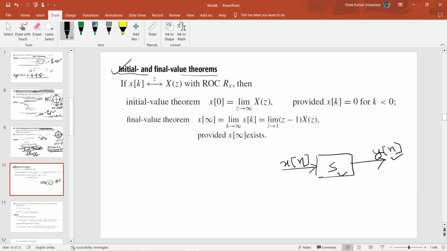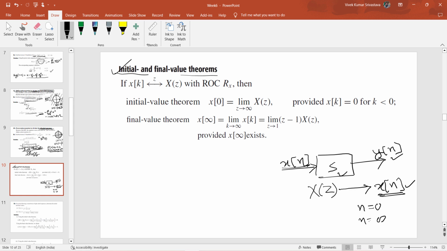Basically, if instead of x of n you are given x of z, then for finding the initial value or final value, you would first have to take the inverse to find x of n, and then put n equal to 0 for determining the initial value, and n as infinity to determine the final value or the steady state response.